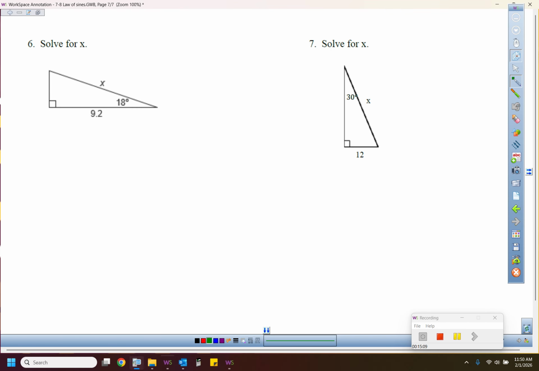And lastly, these are the last two. They say solve for x. Well, we better talk ourselves through it and see, first of all, if this is special. Anytime we have a special triangle, we will use the rules. That is our 30, 60, 90, or 45, 45, 90. I do not have that. Then I want to know if it's a right triangle, and this is a right triangle, so we can use SOHCAHTOA.